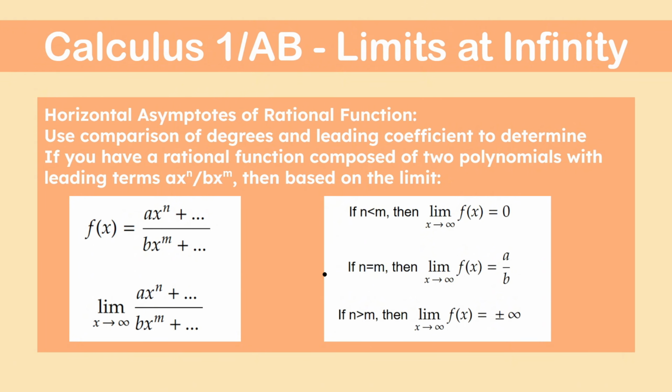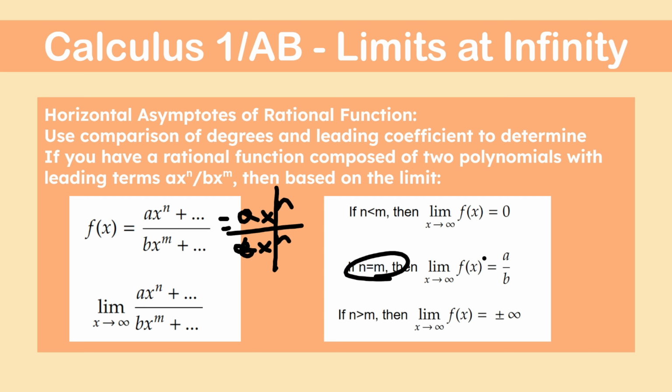And then for the second one, if the degree is the same, then basically when you approach a huge number like infinity, the other terms won't matter because they have lesser degrees. So in comparison to the larger degree, the other term is considered negligible. So you're basically going to have, let's say, ax^n over bx^n because these two are the same.